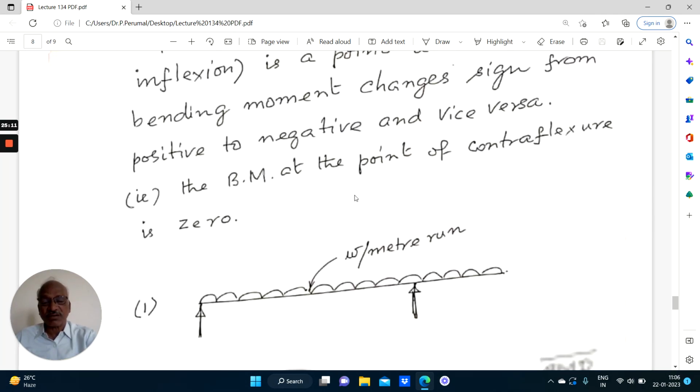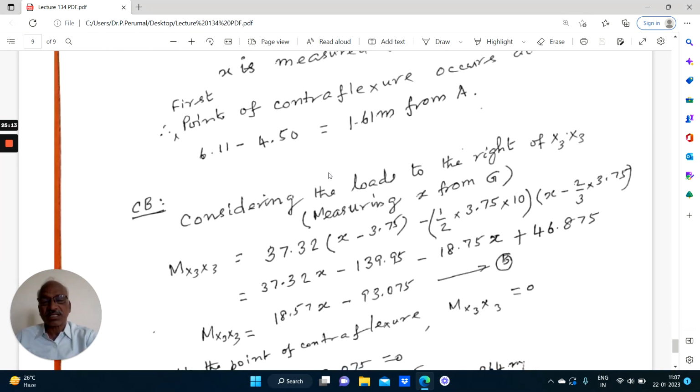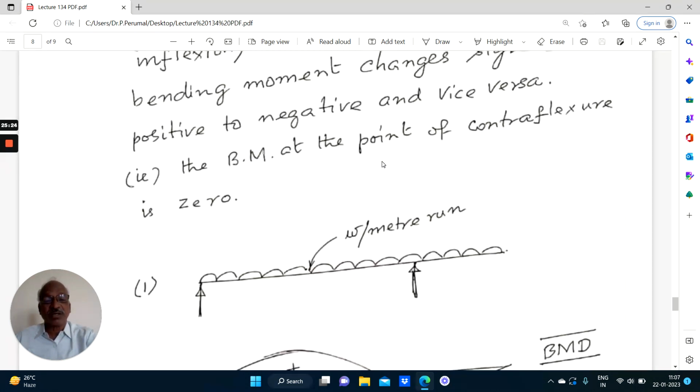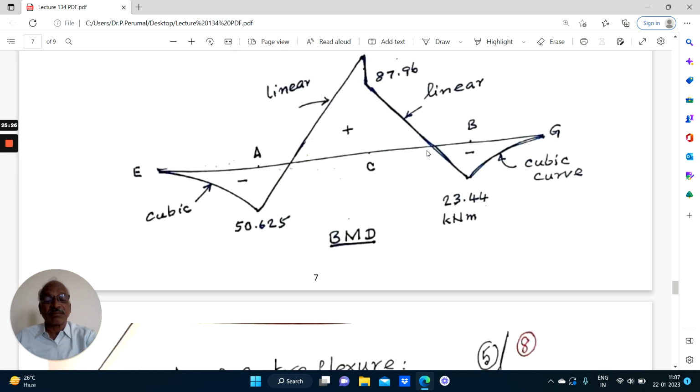First one we have already discussed, x equal to 1.61. In the portion CB, we have one more point of contraflexure that we are going to find out.